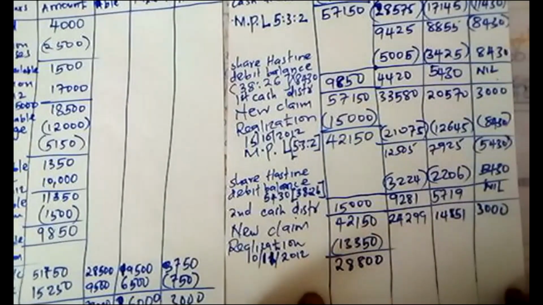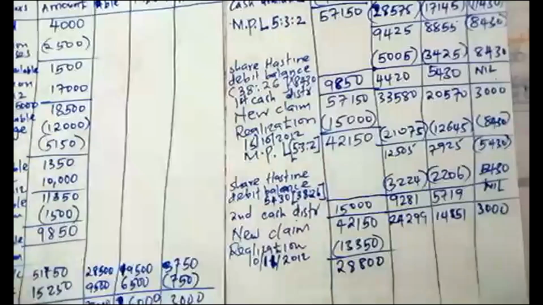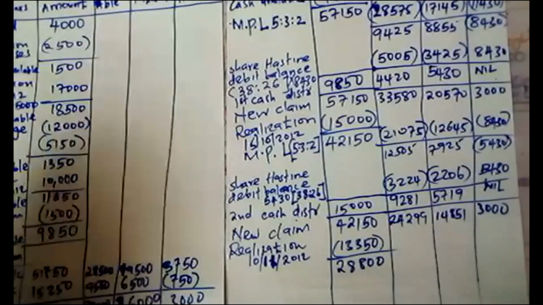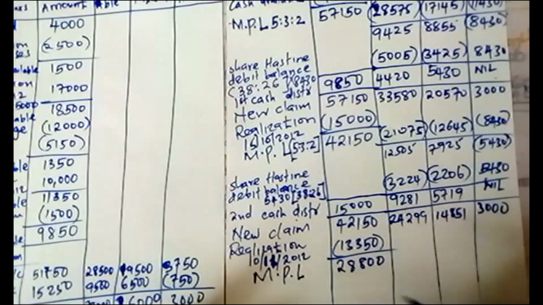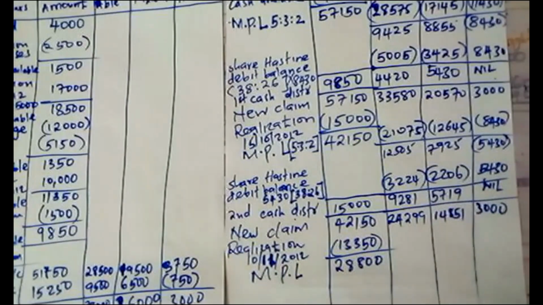That one, remember, we call it maximum possible loss, MPL, because if there was no other asset the liquidator could have sold, this is the loss the partners could make. Maximum possible loss shared in the ratio of 5:3:2.